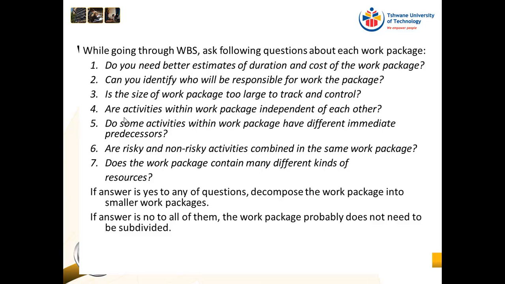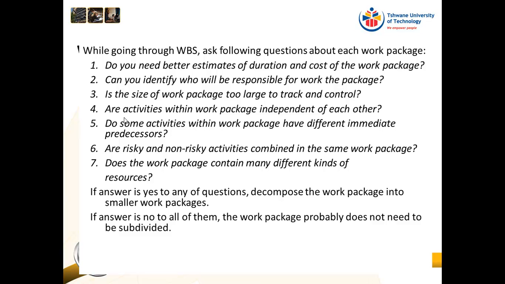It doesn't make sense to define a work package that takes 6 months to complete, because it's very difficult to track and control something that takes 6 months. If you ask the person who's responsible for that at the end of 3 months how far they are, they're going to tell you, I'm completely in control and everything is under control. But when you get to 5.5 months, that's when you're going to start picking up that something has gone wrong. So now you've already lost 6 months.